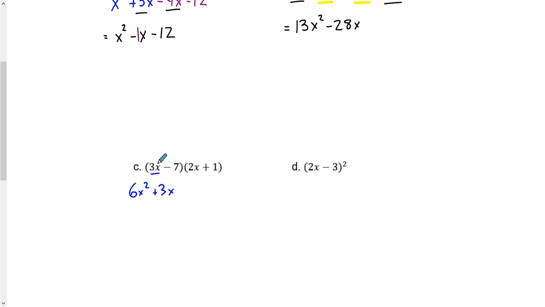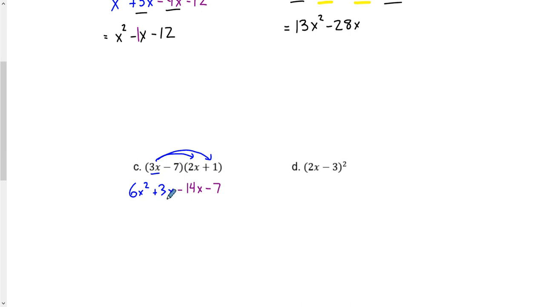It does not hurt to draw the arrows. But if you focus on drawing those arrows, and that's all that you are focusing on doing and not completing your work, then we're going to need to find some better priorities. A negative 7 multiplied by 2x is a negative 14x, and negative 7 by 1 is negative 7.